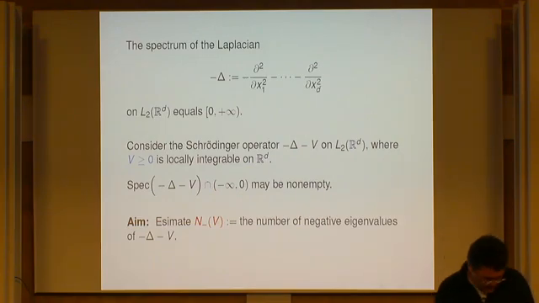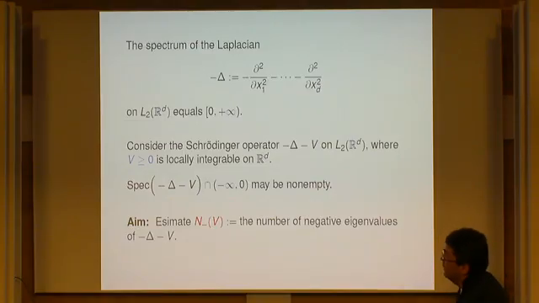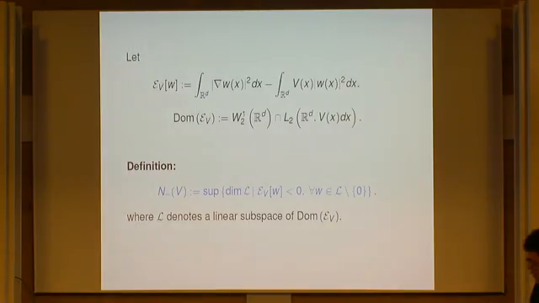I don't want to go into the conditions under which the operator is self-adjoint, I don't want to go into those difficulties. So basically, the thing we're talking about is this. You look at the quadratic form of the operator.